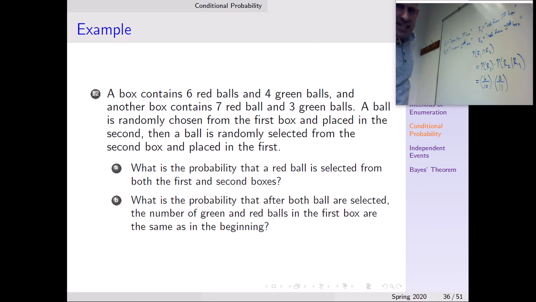And just like I did in the case of the red balls, I'm going to compute the probability that it was green first, green second. But that is the only way. It's either green first, green second, or red first, red second. That's the only way that you're going to end up with the same state as at the beginning.